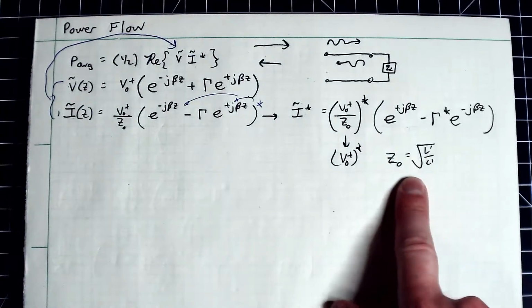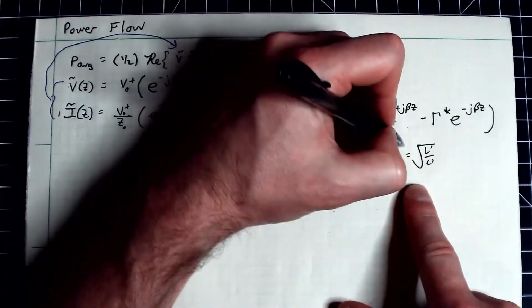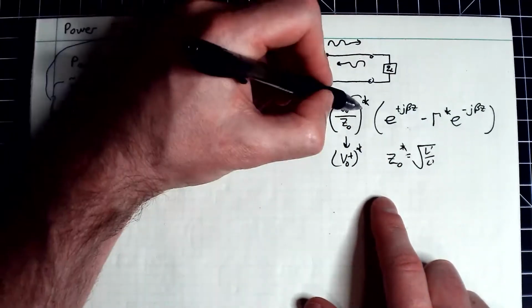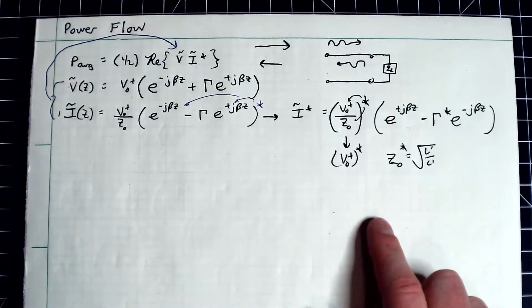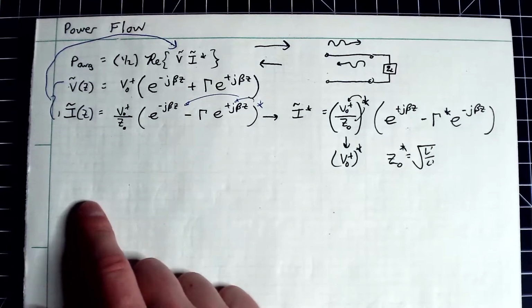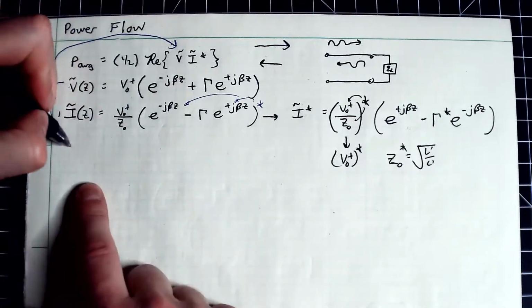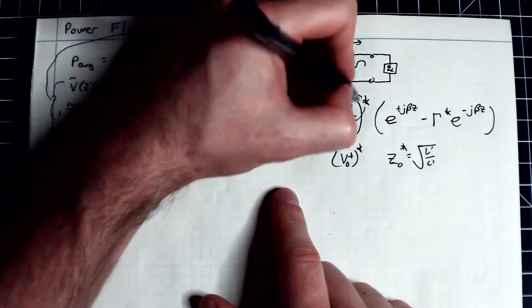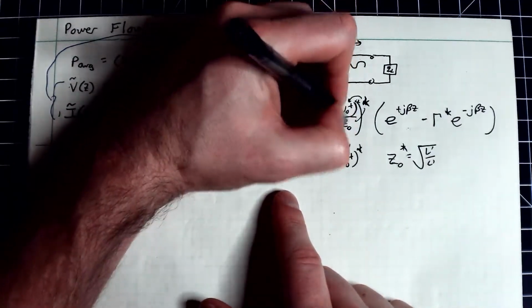And that's a purely real valued quantity. So if I were to do the conjugate of that, nothing will change. The conjugate is only going to distribute to the top term, and it won't change the bottom term. So we'll just write the conjugate here, and then nothing will happen.